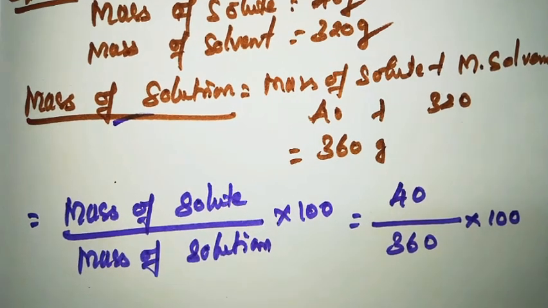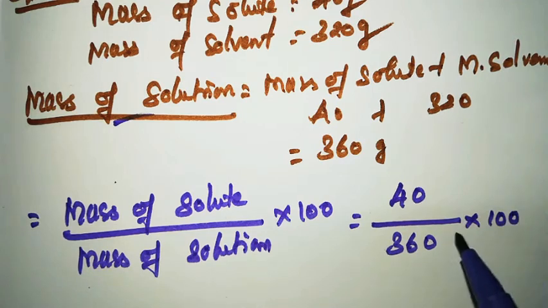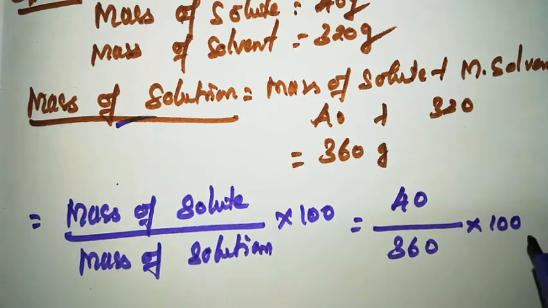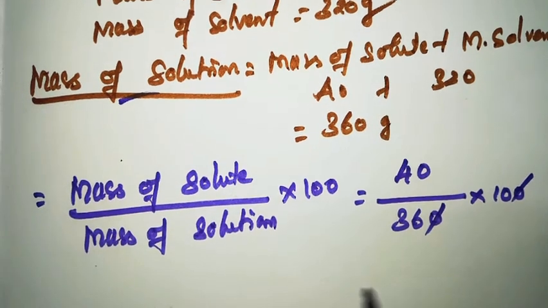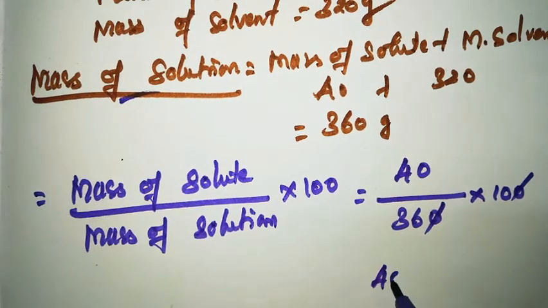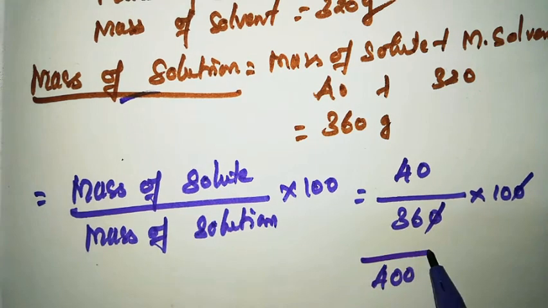Now we can cancel the zeros. 40 into 10 is 400, so 400 divided by 36.